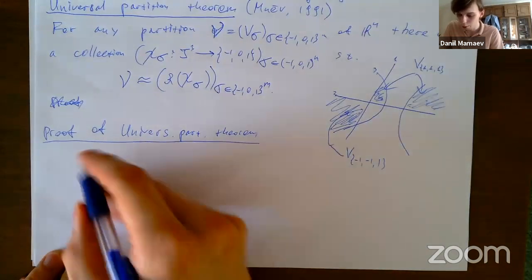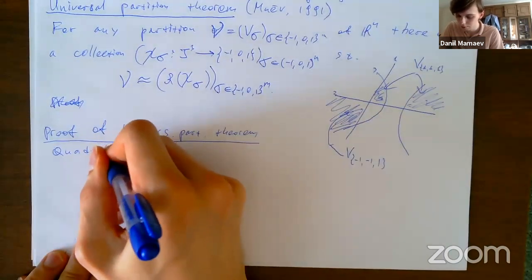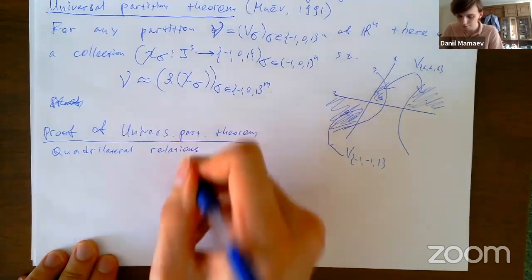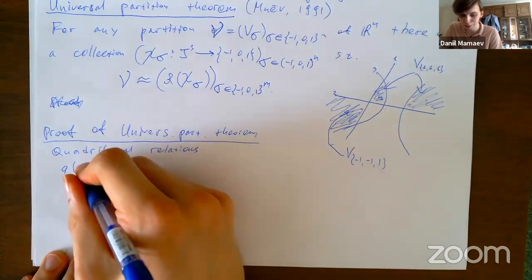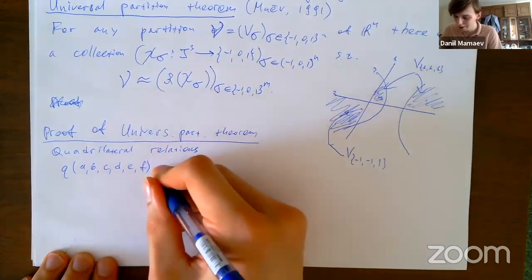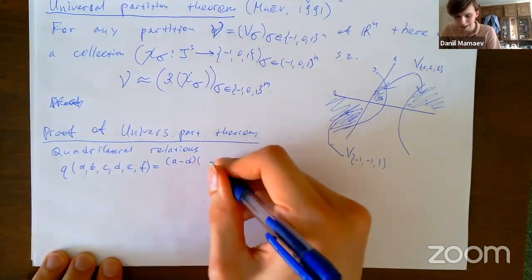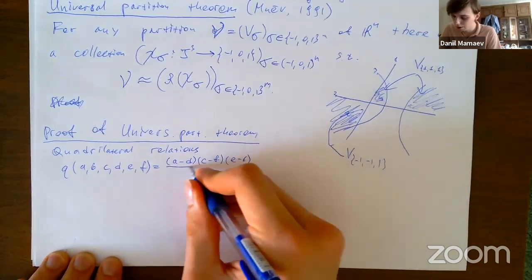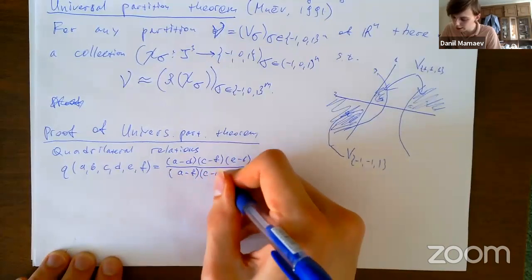So, quadrilateral relations. For 6 real numbers, we define its quadrilateral ratio as this thing. The plan is as follows.